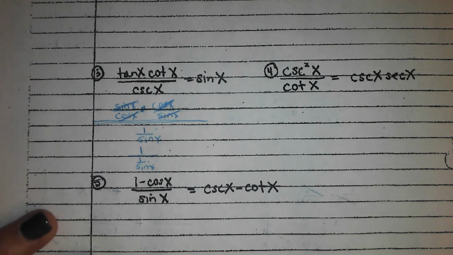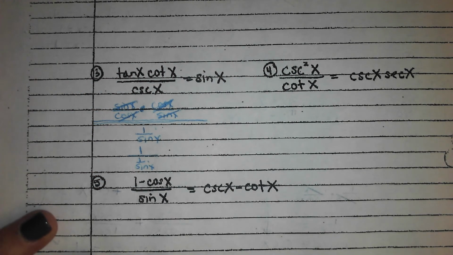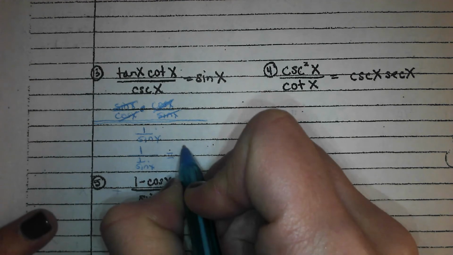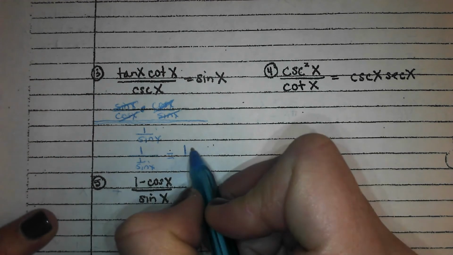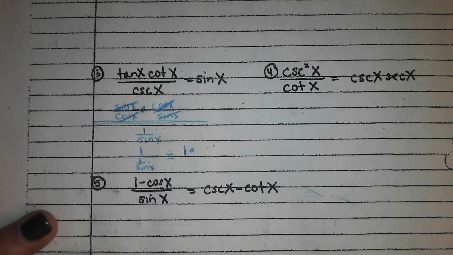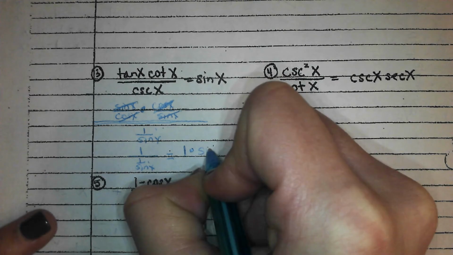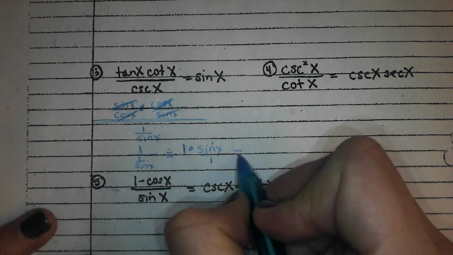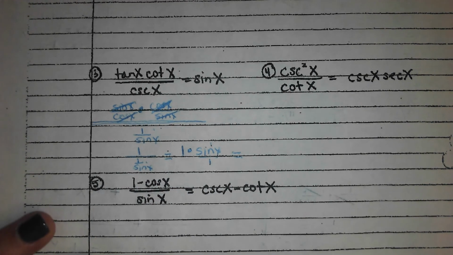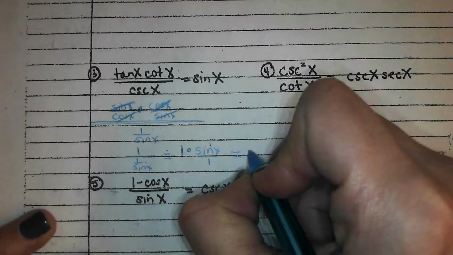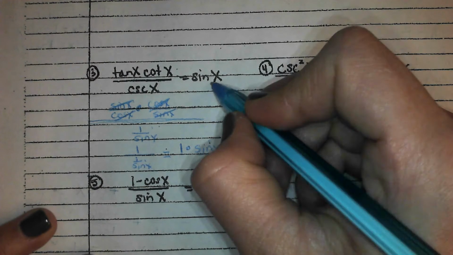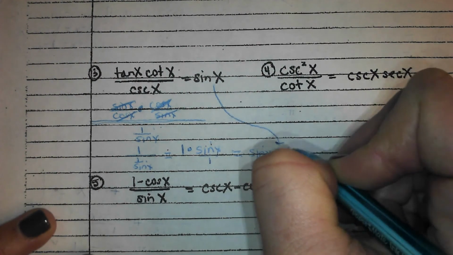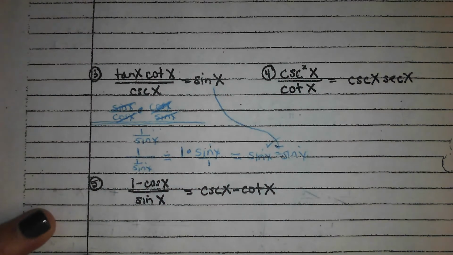And when you have a number divided by a fraction, you keep the 1, you change the division to multiplication, and you flip the 1 over sine x to sine x over 1. And so what is all that? What's 1 times sine x over 1? Sine x. And your right-hand side was sine x. So that would be done.